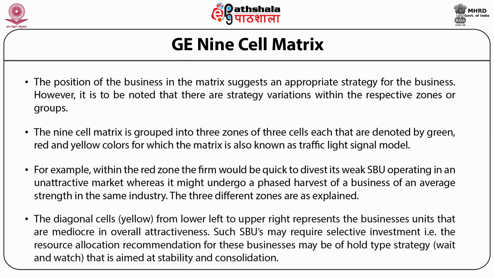The diagonal cells, that is yellow, from the lower left to the upper right represent the business units that are mediocre in overall attractiveness. Such SBUs may require selective investment, that is, the resource allocation recommendation for these businesses may be of a hold type strategy, that is, wait and watch, which is aimed at stability and consolidation.